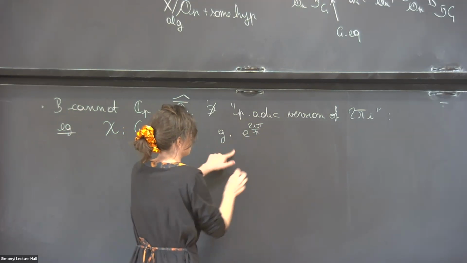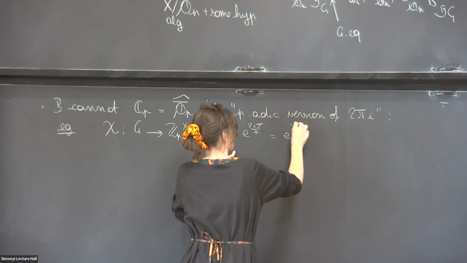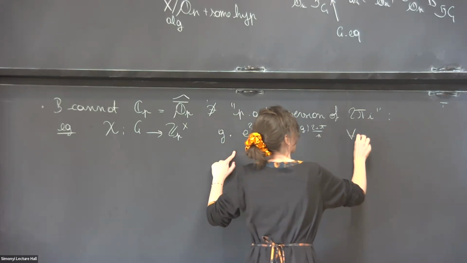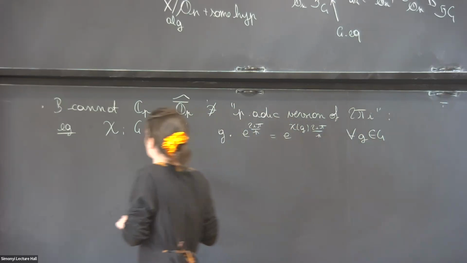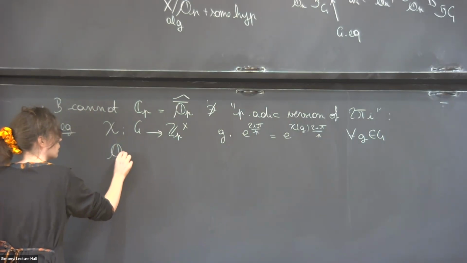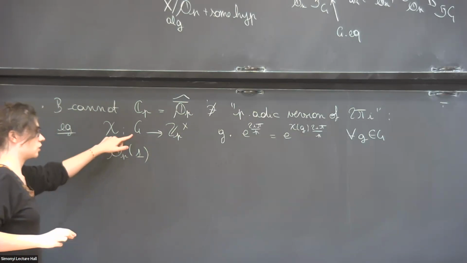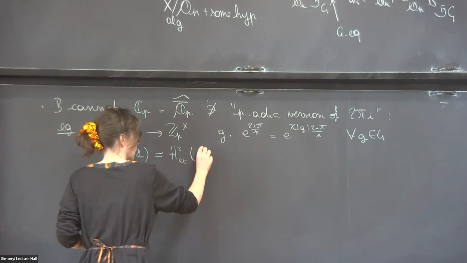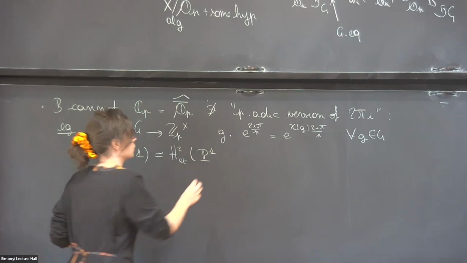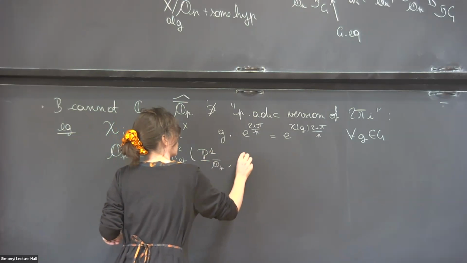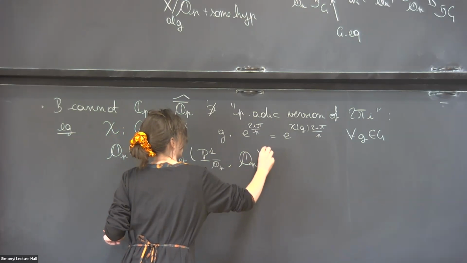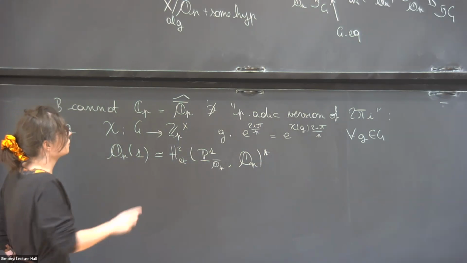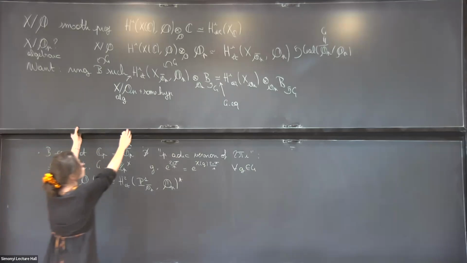So the action of G is given by this cyclotomic character. And if I write Q_p(1), this representation of G comes from the de Rham homology of the projective line over Q_p bar with Q_p coefficients, and we need to take the dual of H_1 here.